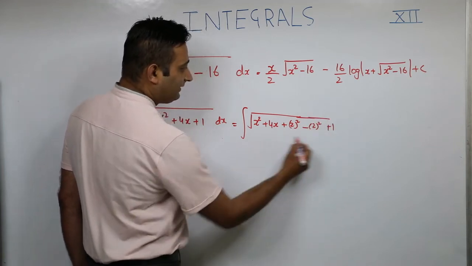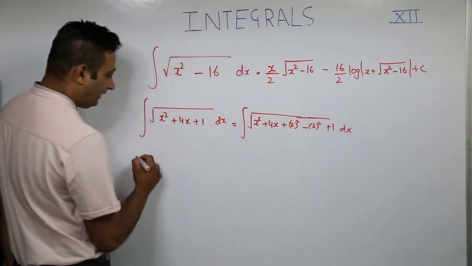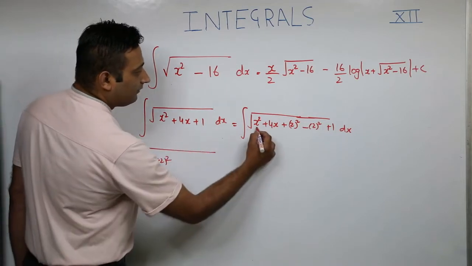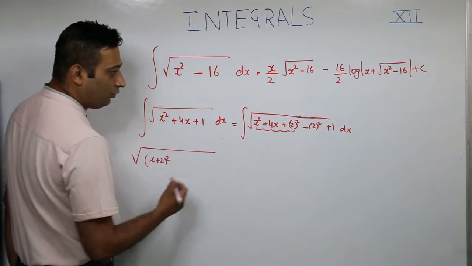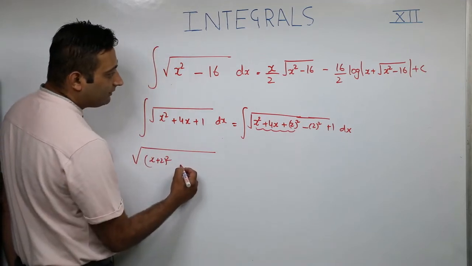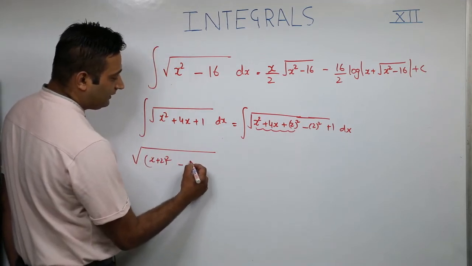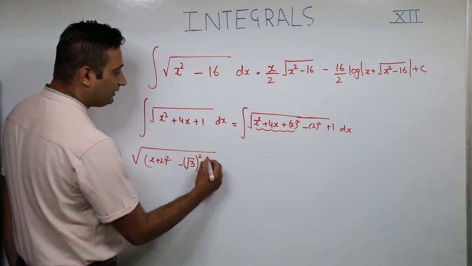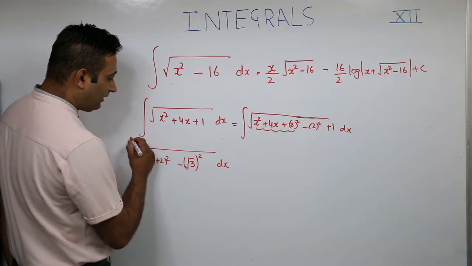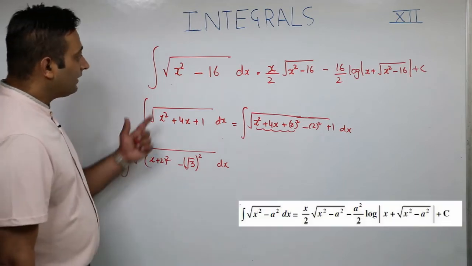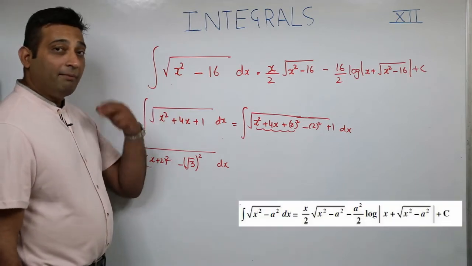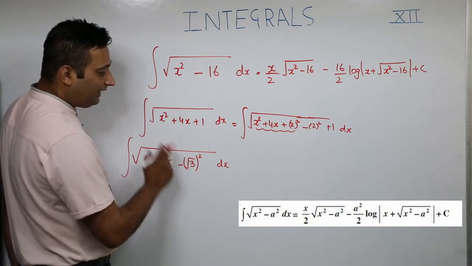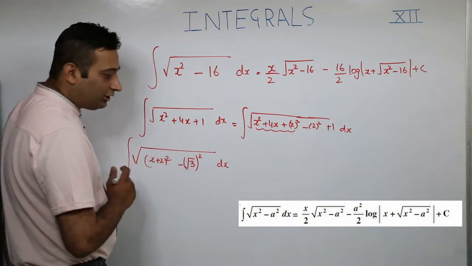Now what we get is under root of x plus 2 whole square, and minus 4 plus 1 which is minus 3, and minus 3 can be written as minus of root 3 square. Now this can be compared with the standard form under root x square minus a square, where x can be understood as x plus 2 and a can be taken as root 3.